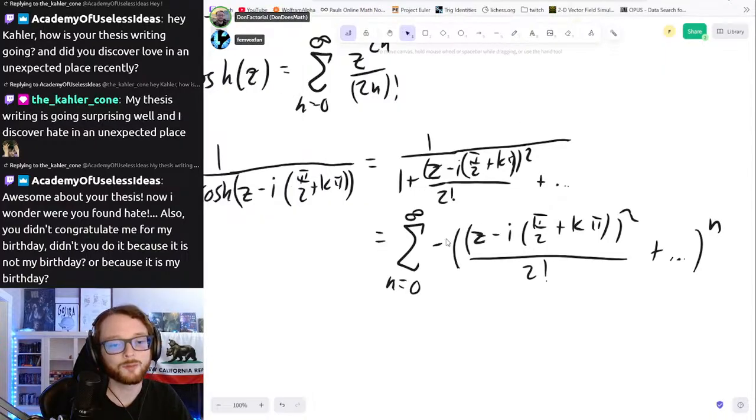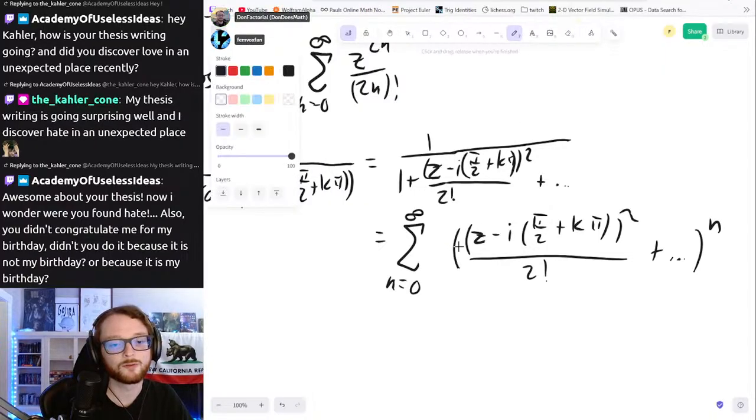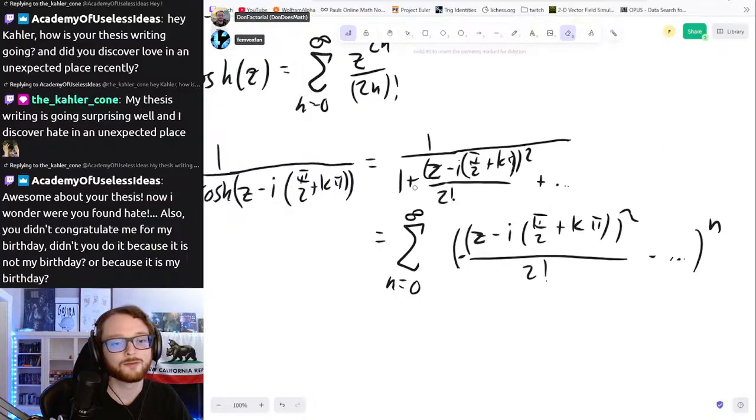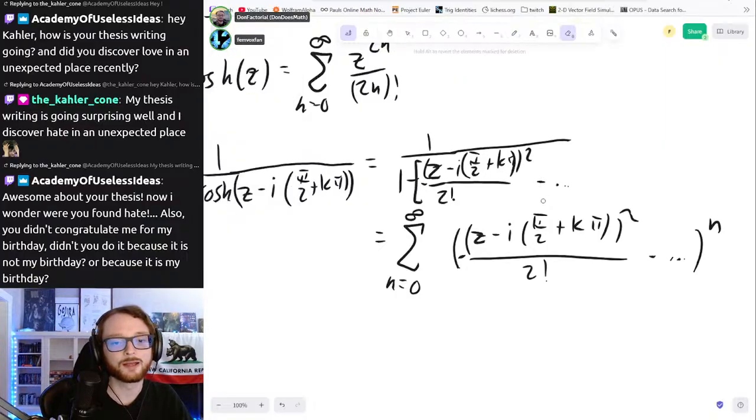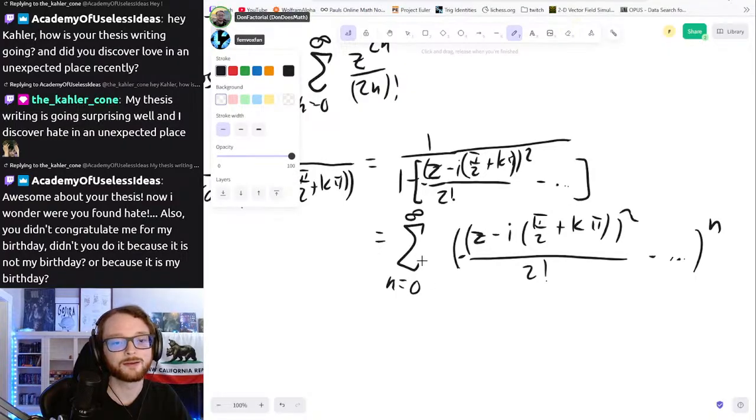Oh wait, actually, the minus would be on the inside. But you said we're using a geometric trick, right? Yeah, I'm thinking of this as 1 over 1 minus a negative, negative, negative, yeah, like that. Okay, then this entire thing is r, which is the bit that makes it weird.